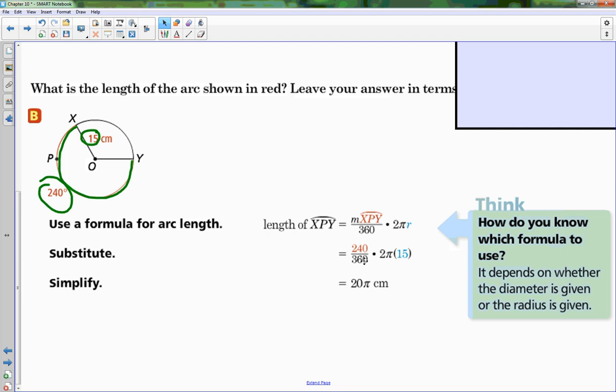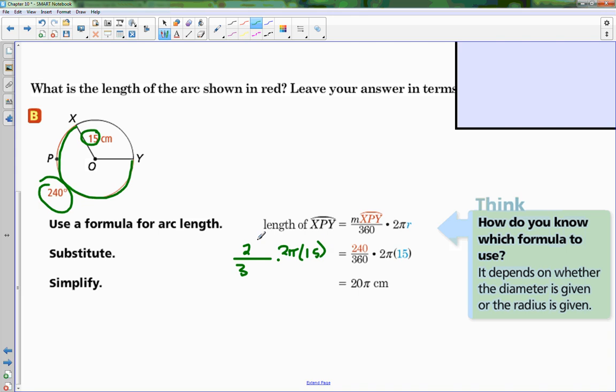240 divided by 360, well, 24 over 36 is, if you divide top and bottom by 12, gives you 2/3. Let's do that. 12 goes into 24 twice. 12 goes into 36, 3.